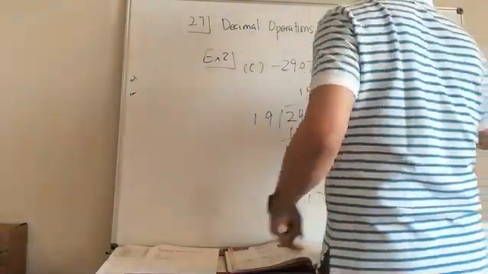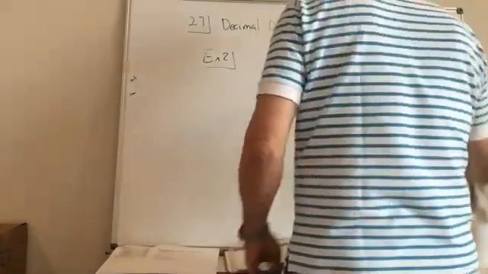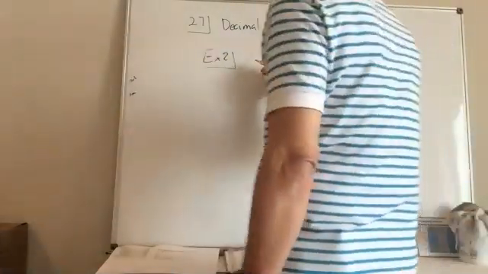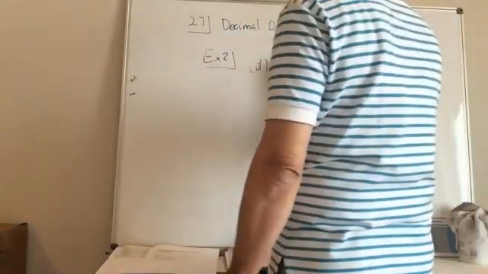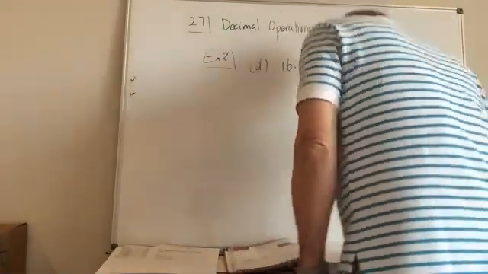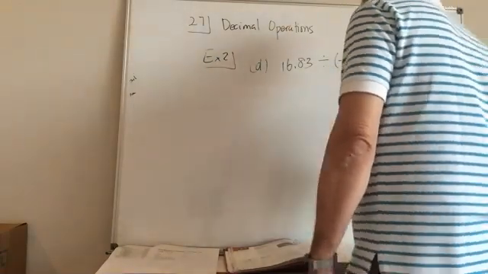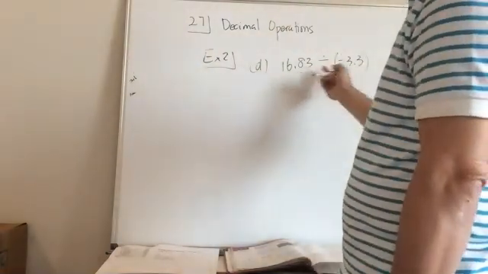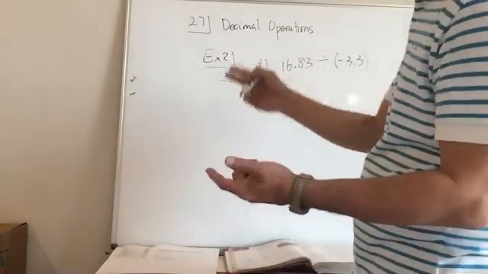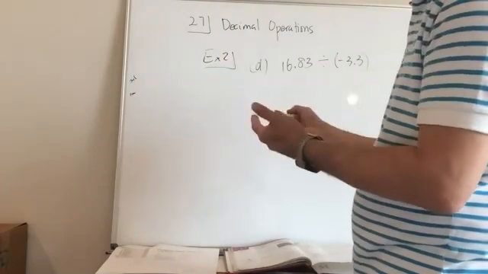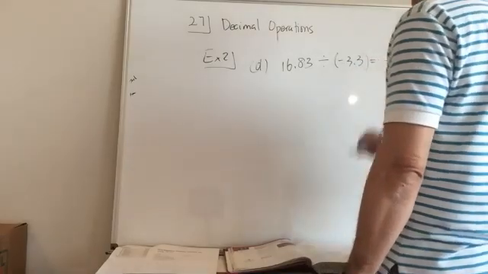Let's go to D. We're going to have 16.83 divided by negative 3.3. So I have a positive number divided by a negative number, which is the same as a negative number divided by a positive number, right? Same thing. They're different signs, so it becomes negative. So the entire number is going to be a negative.